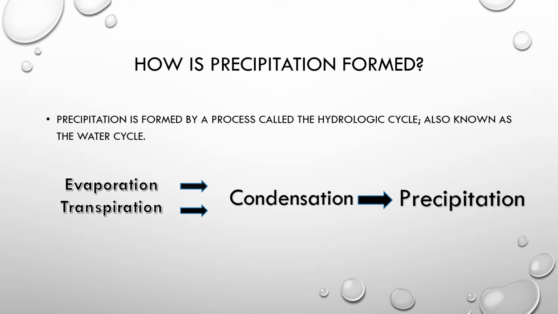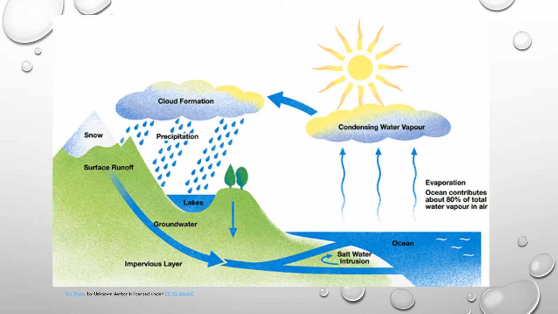As soon as our water droplets are too compacted or there's too much, it will become our precipitation. Precipitation can come in multiple forms such as rain, snow, sleet, or hail. And this is just a good visual image of what the water cycle is.